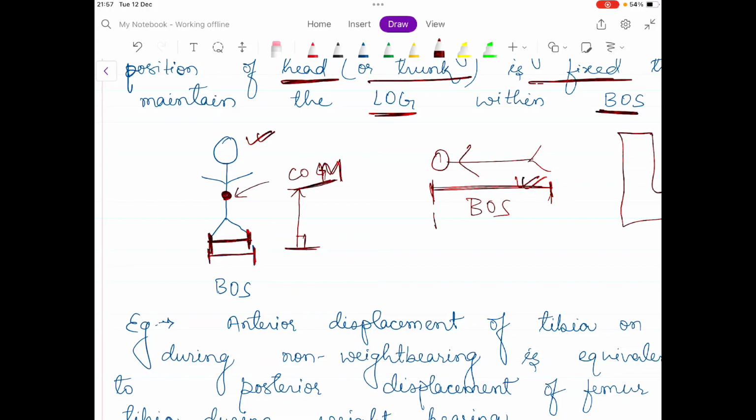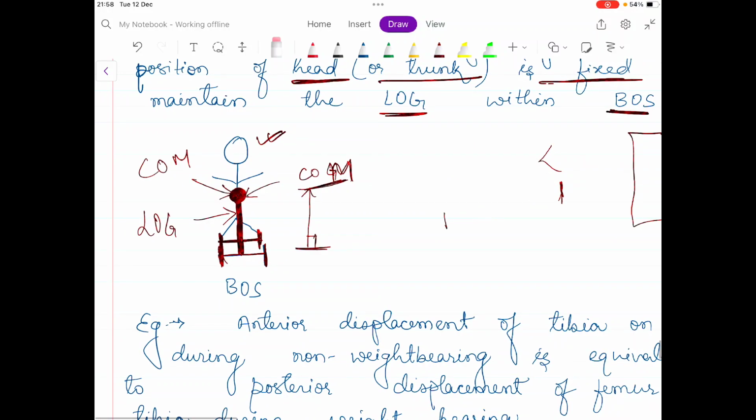So the line of gravity will fall under the base of support. As you can see here, this thick line is the line of gravity, and this huge dot here is the center of mass. So the line of gravity will fall under the base of support. Now this is case number 1.